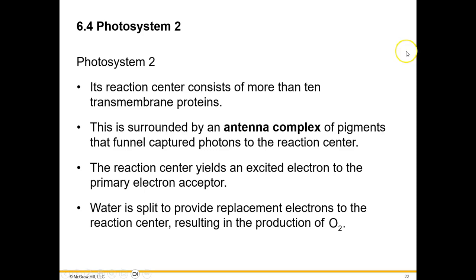So the primary electron acceptor is going to take that excited electron, and also water will be split to provide that replacement electron to the reaction center once it's donated the excited electron from the photon. And that's what's going to result in the production of oxygen. So that's how plants are making oxygen. It's just they're throwing away what they didn't use when they broke up a water molecule to get the electrons.